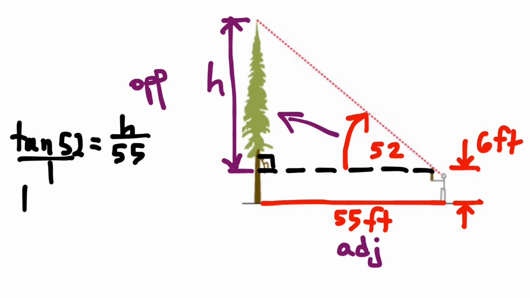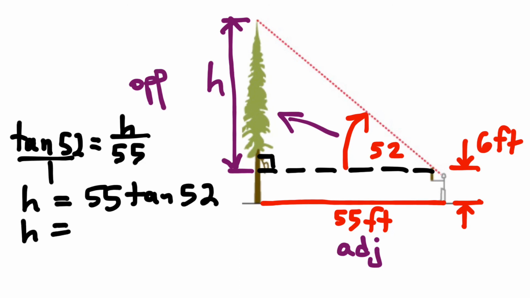So H times 1 is equal to 55 tan 52. If I type that into the calculator, I get 70.397.